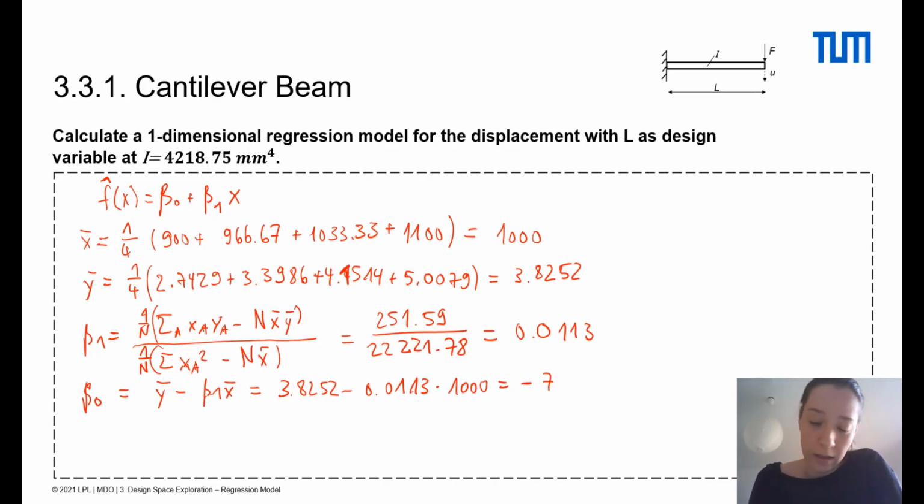And that's minus 7.4966, and this one has the unit millimeters.